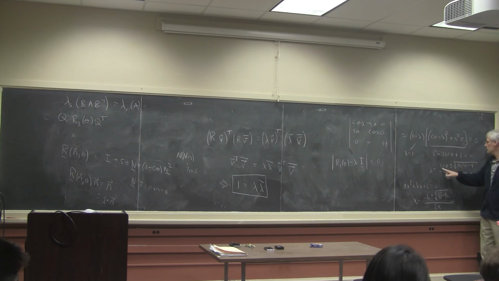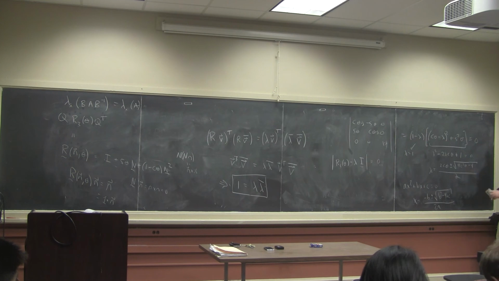So we can factor the 2 out and the 4. The 4 coming out of the square root gives us a 2. So there's a 2 here, and then we're dividing by 2, so that 2 goes away and this 2 goes away. Cosine squared of theta minus 1 is equal to negative sine squared theta.